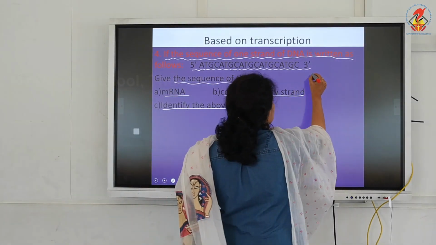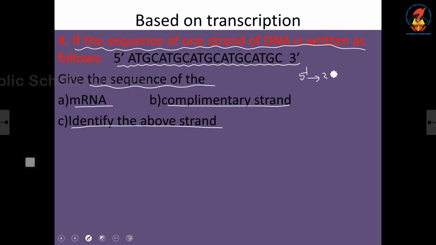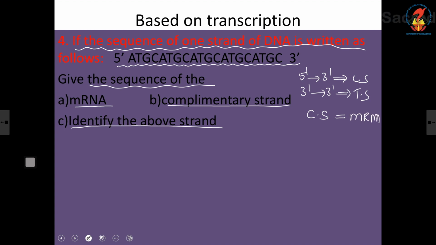Always remember, the strand which is running in the 5 prime to 3 prime direction is called the coding strand. The strand running in the 3 prime to 5 prime direction is called the template strand. Next tip I am telling you to remember is, always the sequence of the coding strand is equivalent to the mRNA strand, except that T is replaced by U. Instead of T, it is U in the case of mRNA.